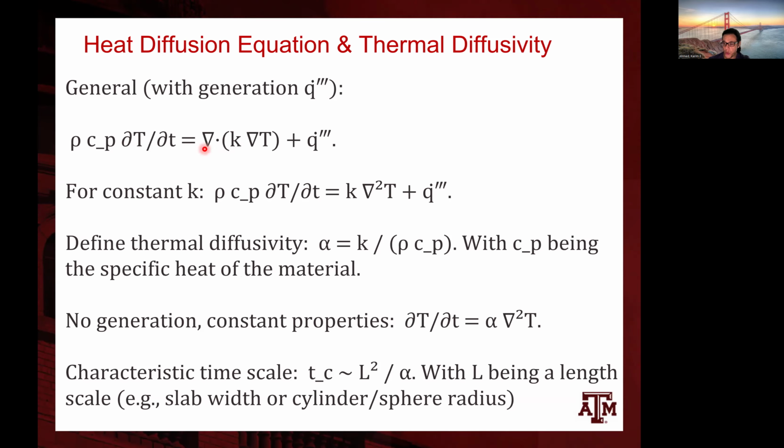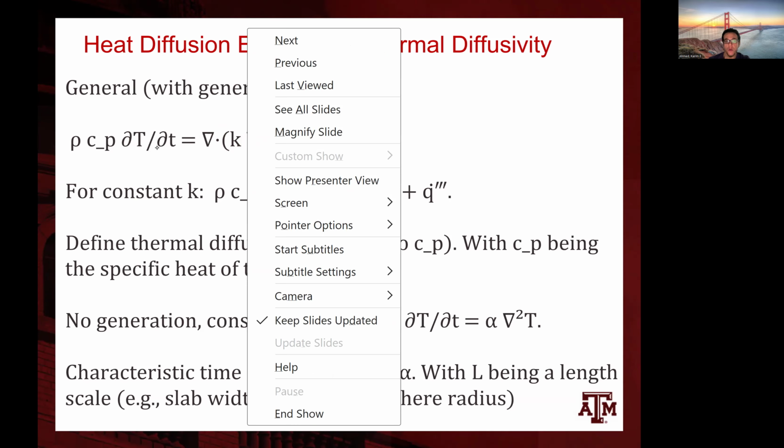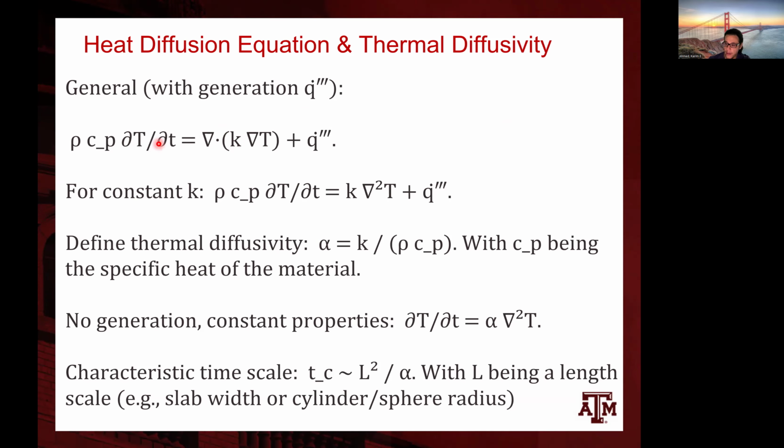It's a partial differential equation. In addition to those gradient and second order terms that represent the conduction or the diffusion of heat, on the left-hand side we have a term that tells us how heat will change with time. This is the time derivative of the internal energy.